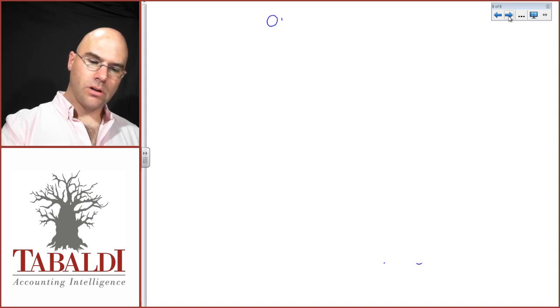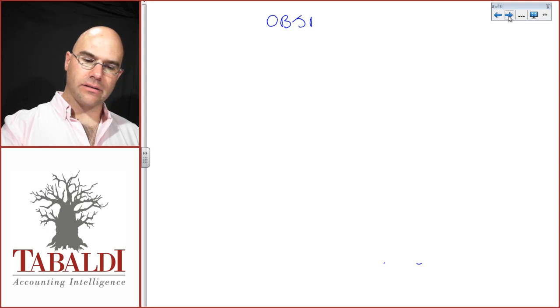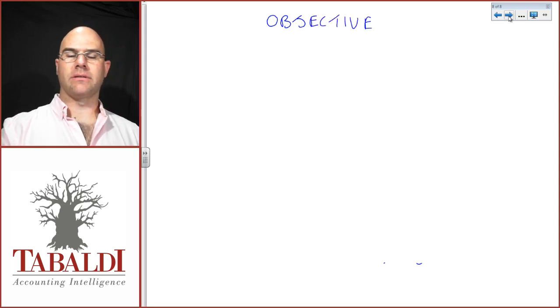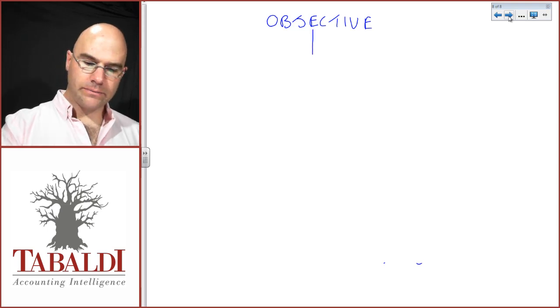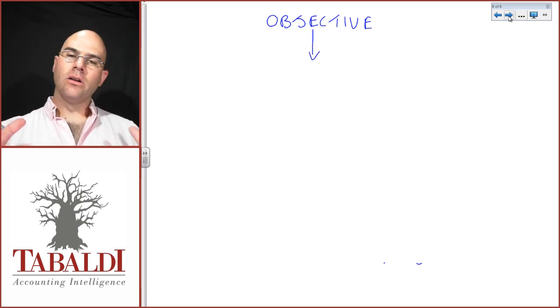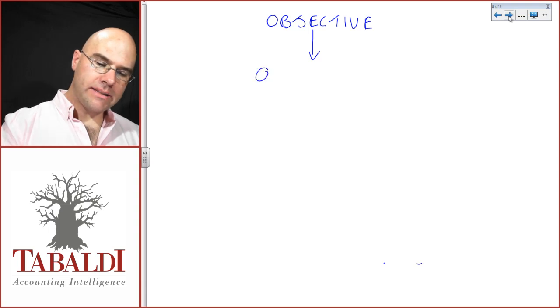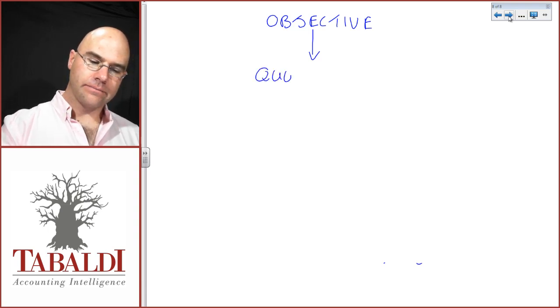So just to lead into the next lecture, we must remember that the framework starts off with the objective of general purpose financial statements. From the objective, we can look at what are the qualitative characteristics.